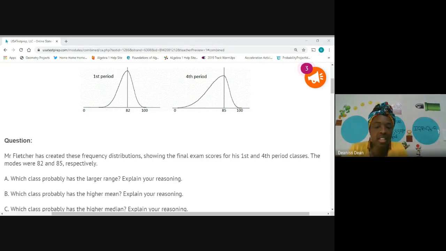Anybody want to change their answer? Because remember, the median is the number that's in the middle, all right? So you have your two graphs, and you're looking at where the middle of that graph should be.